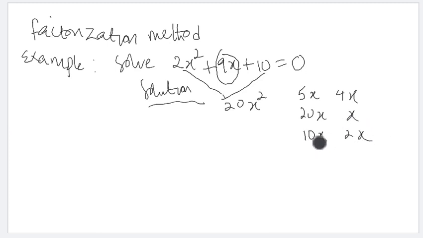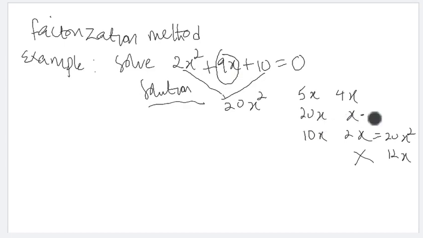Now look at this, 10x times 2x, let's start with this, gives us 20x squared. 10x plus 2x gives us 12x. So this cannot work because we need the sum to give us 9x.